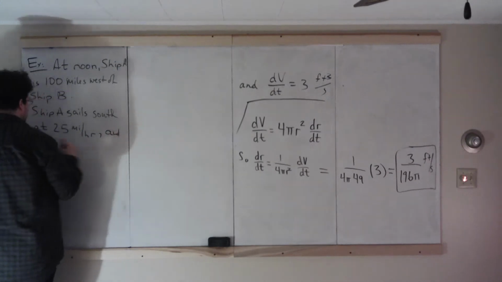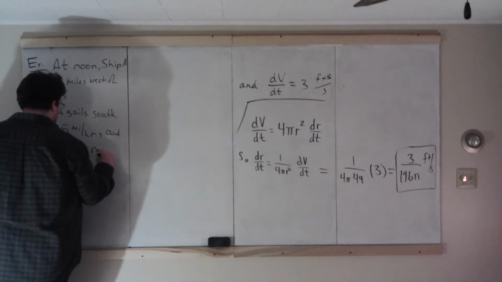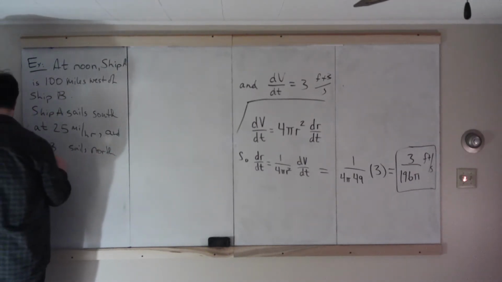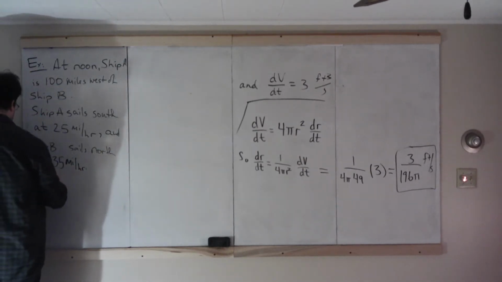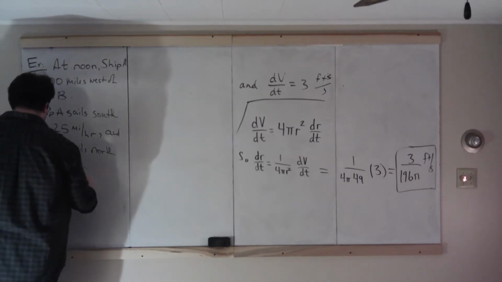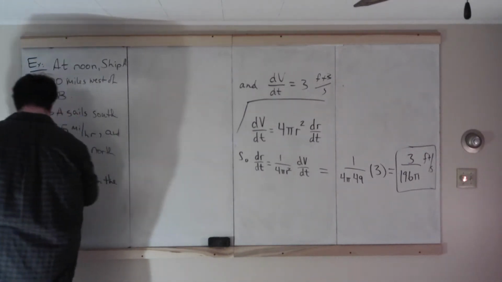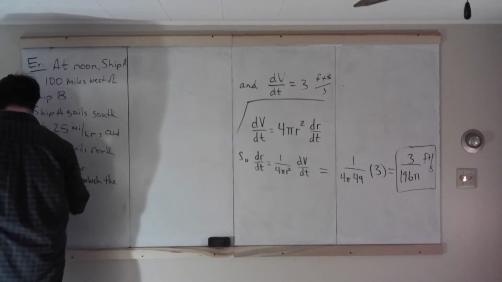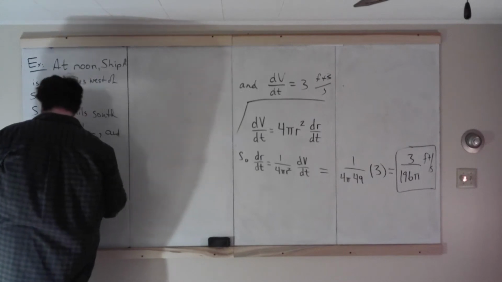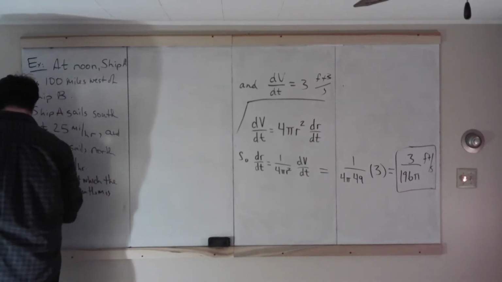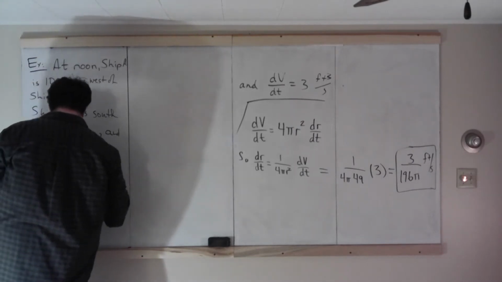And ship B sails north at 35 miles per hour. Find the rate at which the distance between them is increasing at 4 p.m.